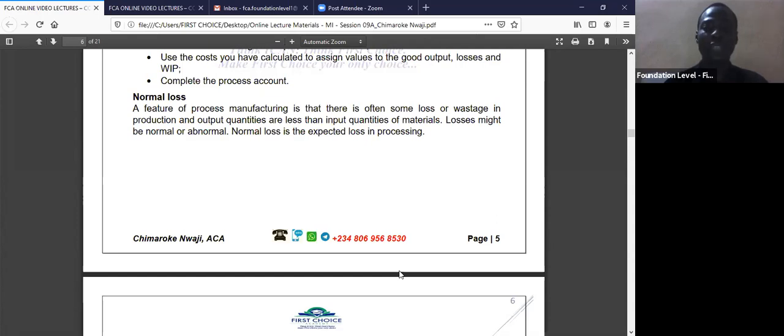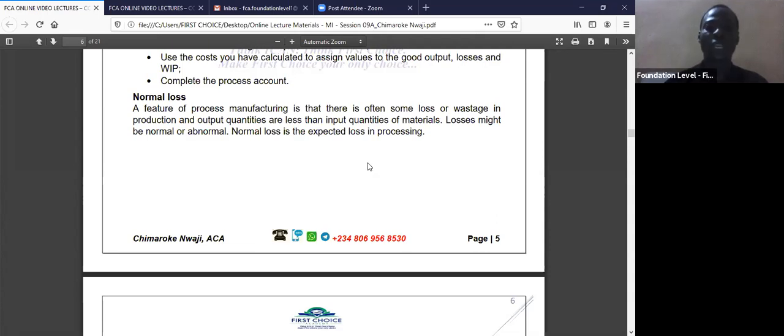So you may decide that out of the gas contract you are going to get, you may have maybe 15% loss. So since there is a normal loss, if you're going to have 15% normal loss, that means you're going to be expecting 85% of what you put in to come out.